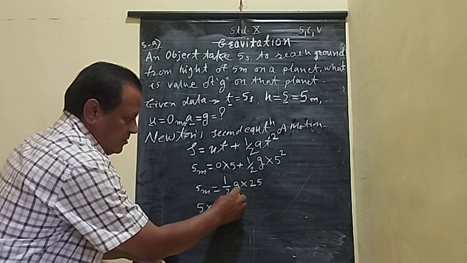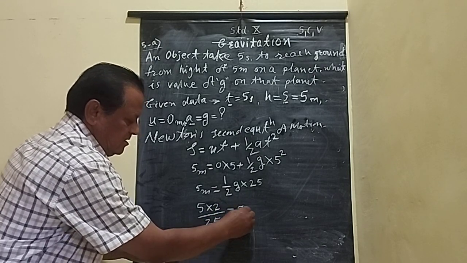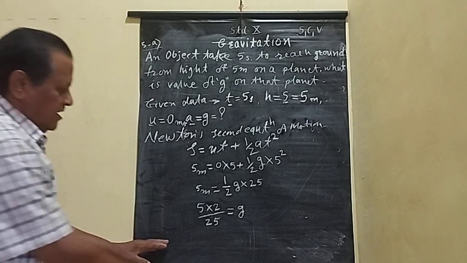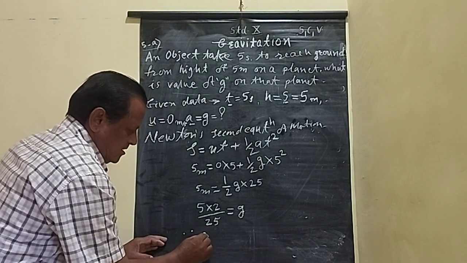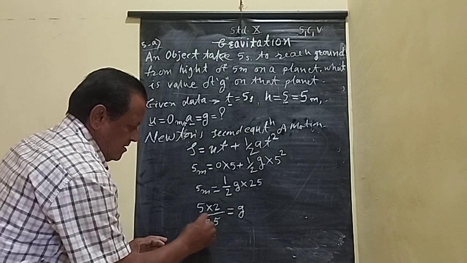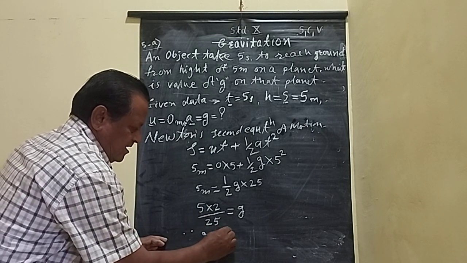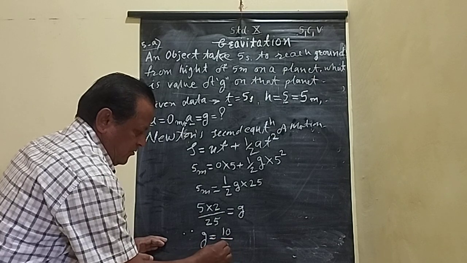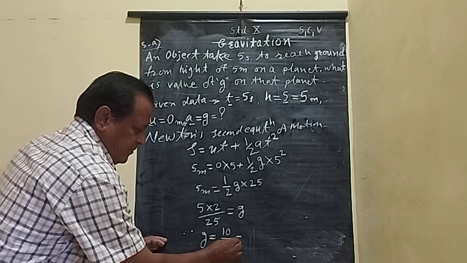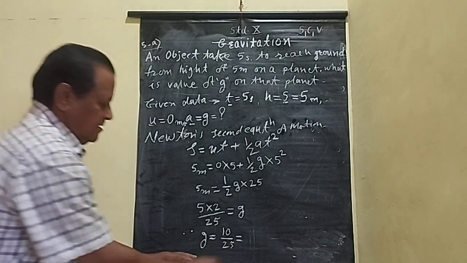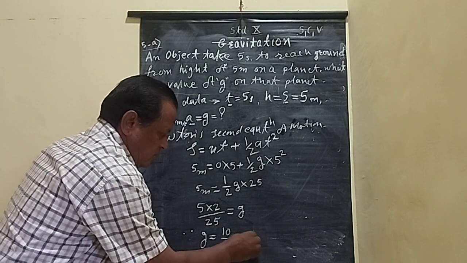This is equal to g. Therefore g is equal to 5 into 2, that is 10, upon 25, and 10 upon 25 means 0.4.